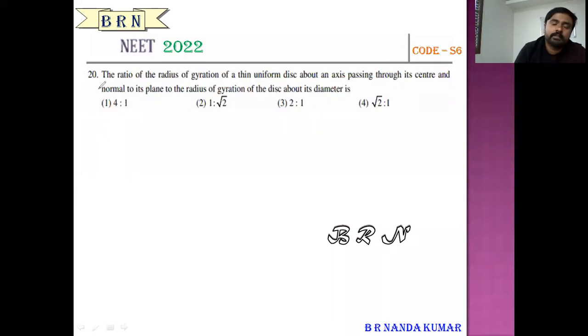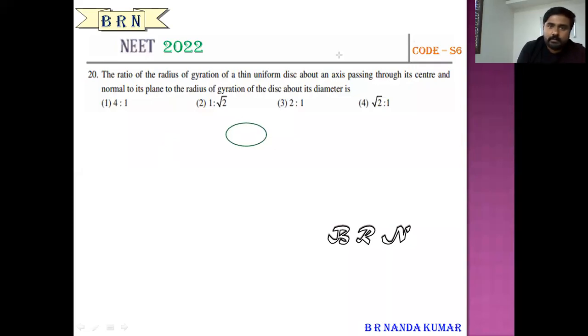Next question. The ratio of radius of gyration of a thin uniform disk about an axis passing through its center, normal to its plane, to the radius of gyration of a disk about its diameter. Just formulas ಗೊತ್ತಿದ್ರೆ solve ಮಾಡೋದು easy.